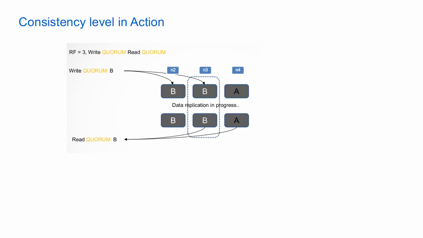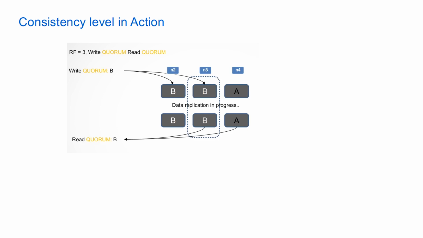If N4 was down, I could chug along without caring about whether N4 received the data or not, because the client explicitly told the coordinator to operate at consistency level quorum. So what has happened is, now I have immediate consistency and partition tolerance.